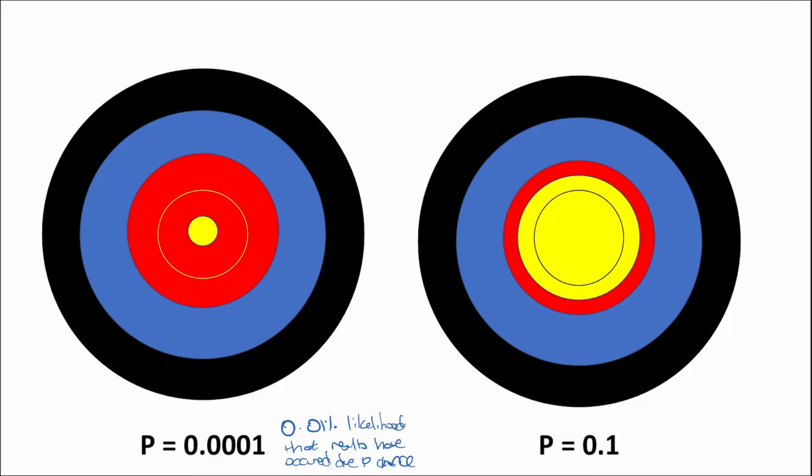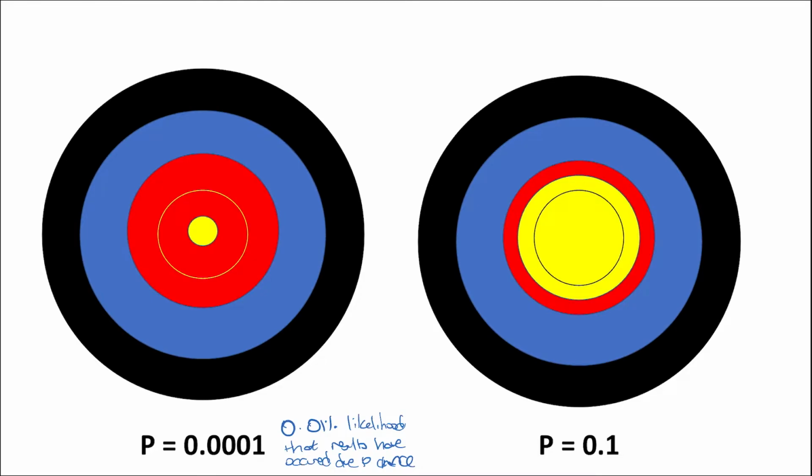Setting the minimum level of significance at p equals 0.0001, it means our null hypothesis would be rejected at 99% confidence.